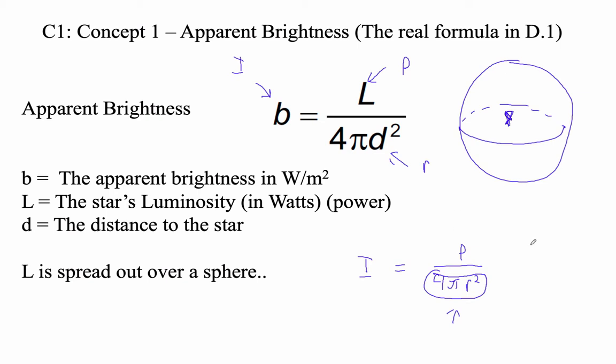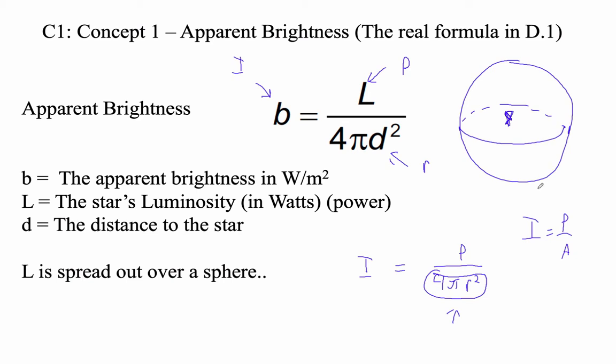So all we're saying is that I is power divided by area, which we've already seen before. If it's spread out evenly, that is, it sends its radiation out homogeneously in all directions, then power is getting spread out over the area of a sphere, the radius of which is the distance you are from that star.